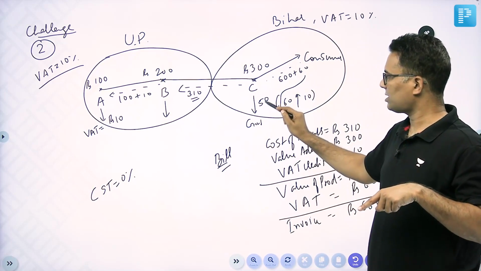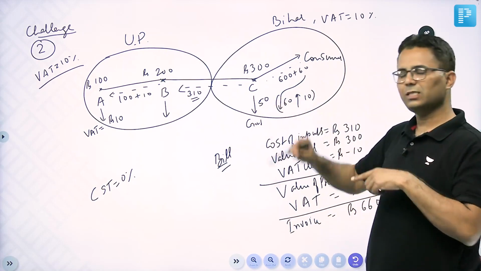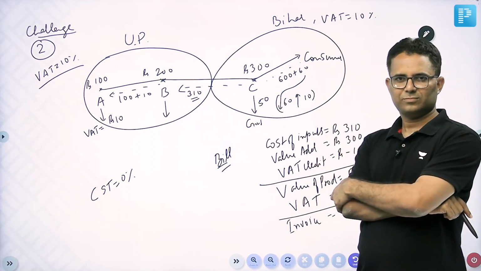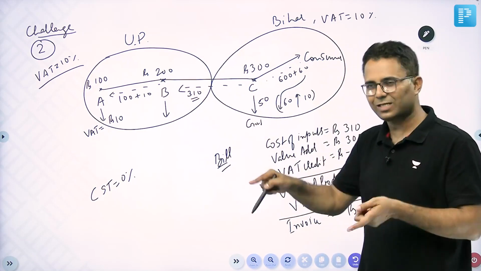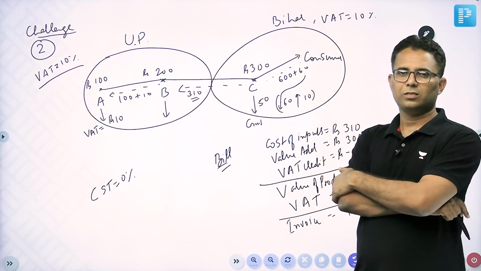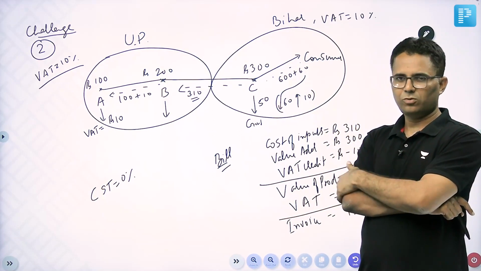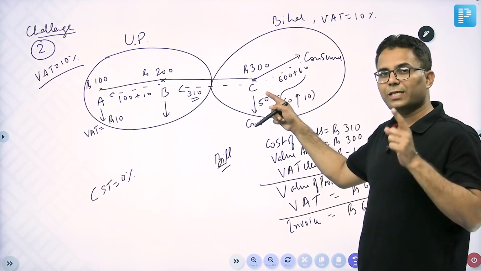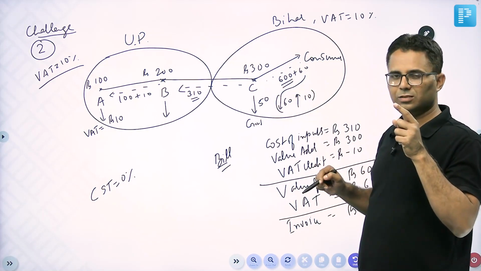See here is the example. This 50 is 30 plus 20. Whatever VAT was not deposited, ultimately it will be taken here. So don't think that the government is not collecting VAT on this transaction. Ultimately it gets collected. Because of how it is implemented on the ground, C has to pay tax on the total value 600.